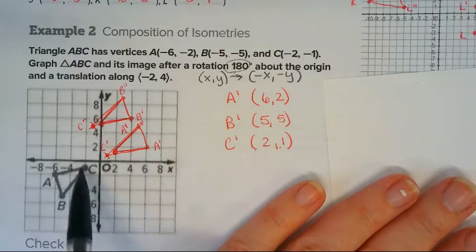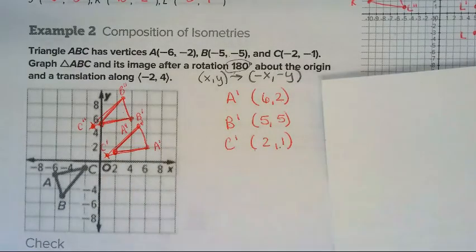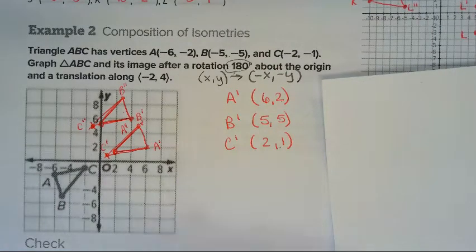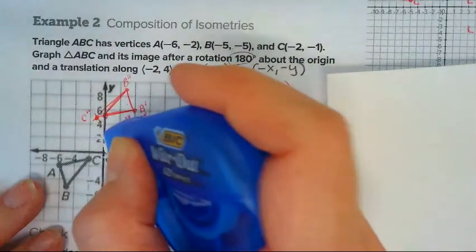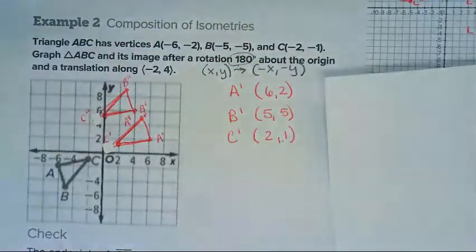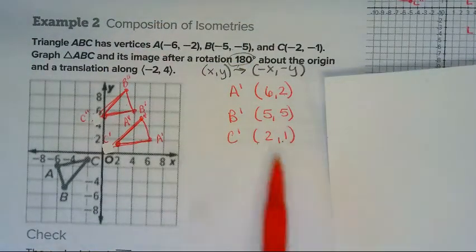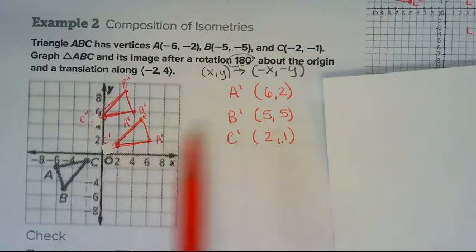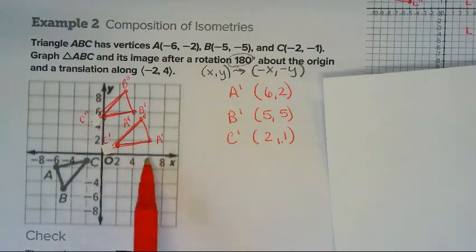So C prime at (2, 1), B prime at (5, 5), and then (6, 2).